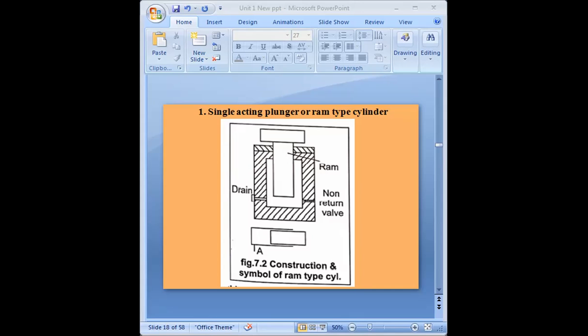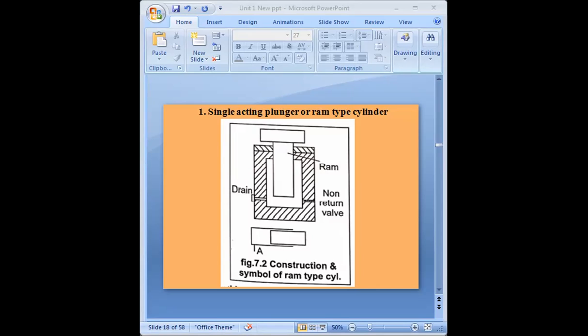Okay, all of you quickly draw this diagram.